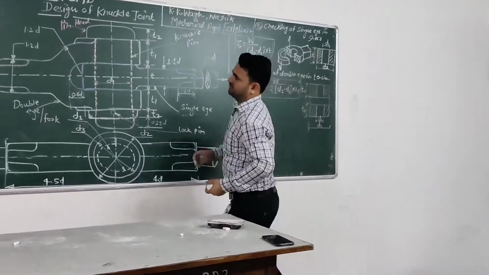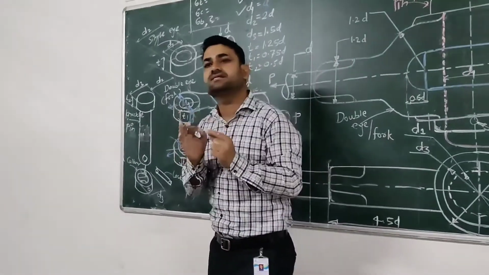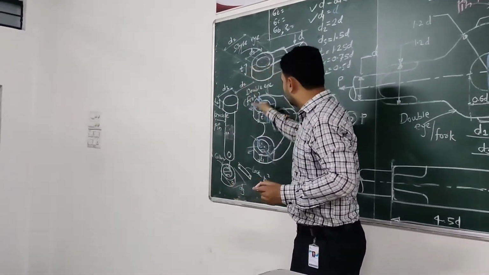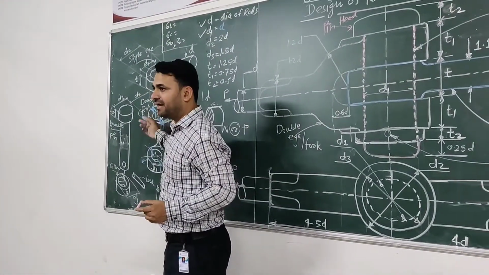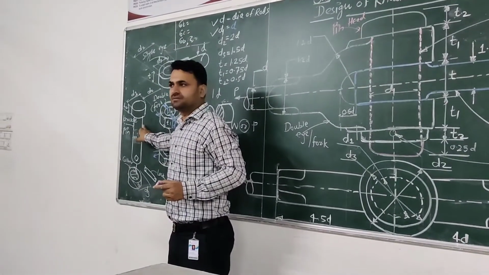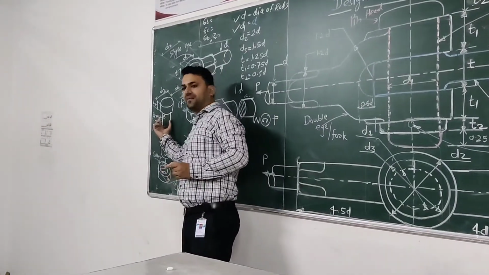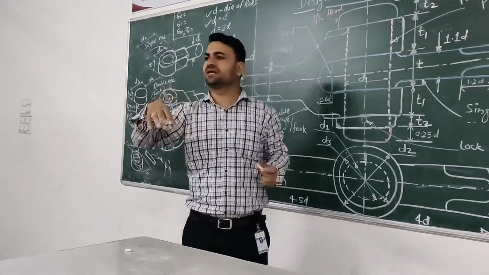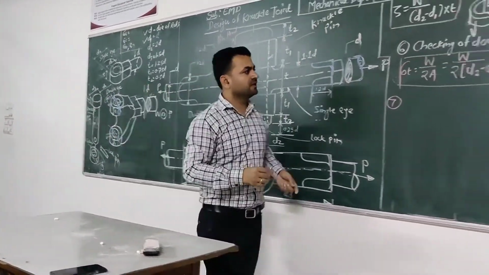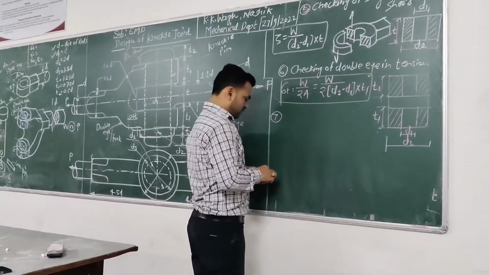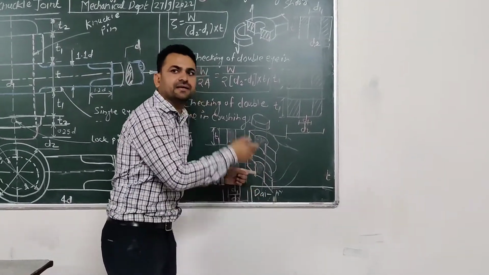We already imagined crushing failure of single eye, and double eye's crushing failure will be very similar to single eye. The same pin is passing through this double eye. So the inside portion of double eye and the outside portion of knuckle pin are in contact with each other, and during breaking condition there will be a chance of compression. In this way, this is the failure diagram of double eye in crushing.